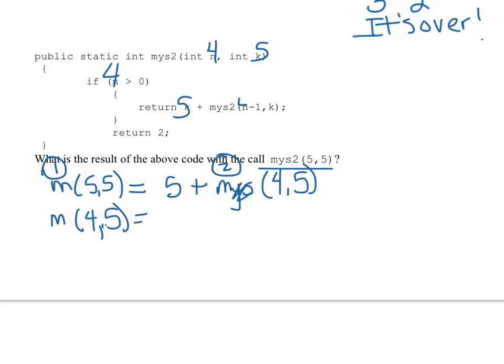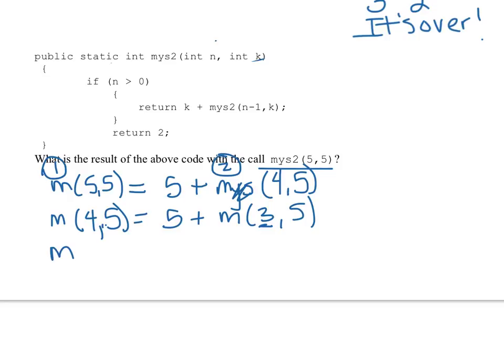This is a 5, so 4 minus 1. So this is 5 plus the mystery of 3, 5. And it continues to go through this until n, this number here, is 0, and then it will end. It always has to be greater than 0 for the recursion to continue.